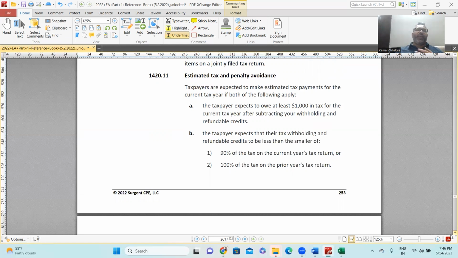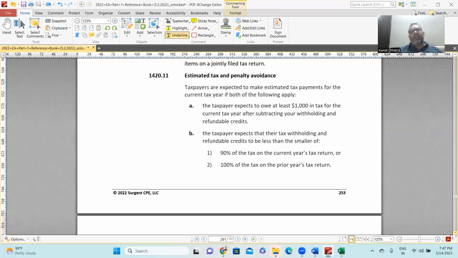For example, if an individual has estimated total tax of, let's say, $10,000, right, and he or she has already had withholding tax, that means his or her employer has already withheld $9,500 in taxes. That means the net tax liability which is payable is less than $1,000.